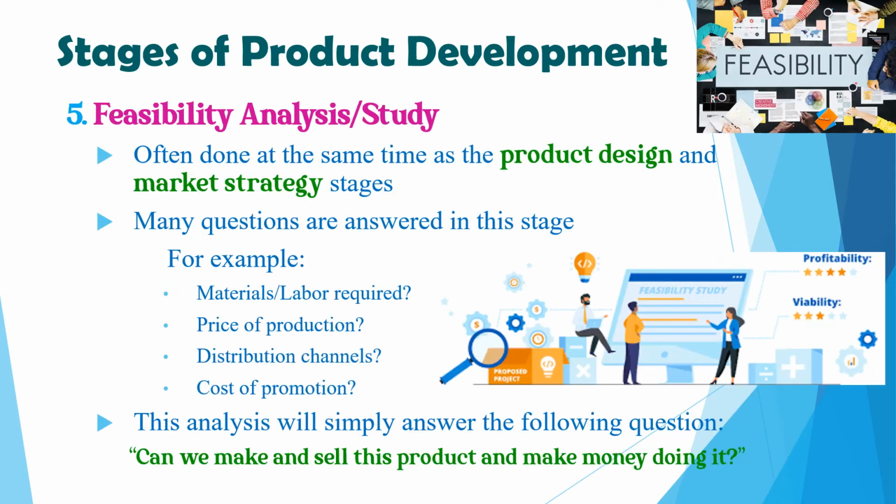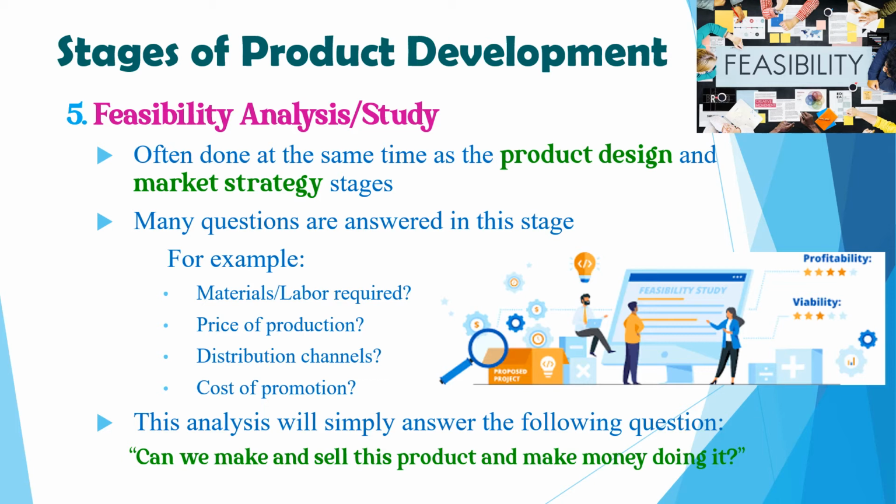consumers. At the same time that you're developing your market strategy, you may or may not be developing your feasibility analysis. So once you've done your product design, once you've addressed your 4Ps, or at the same time, you then need to ask various questions. Do you have the materials and labor required to produce this product?